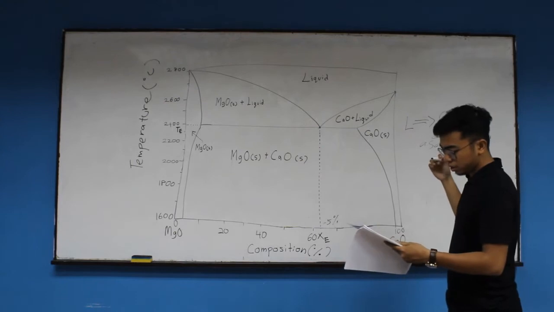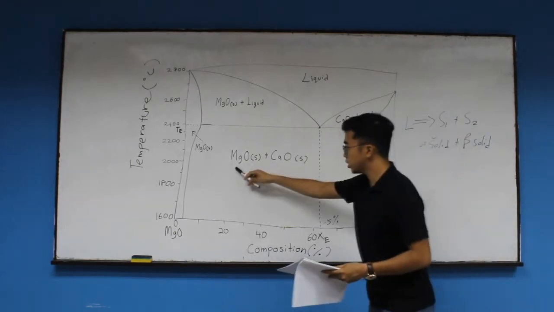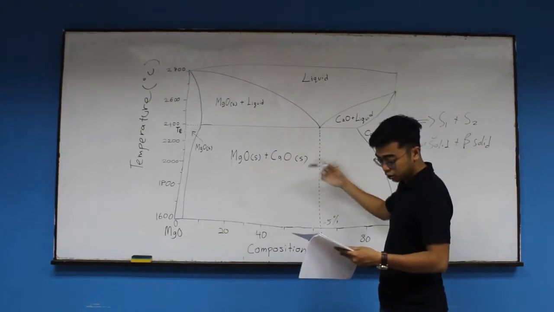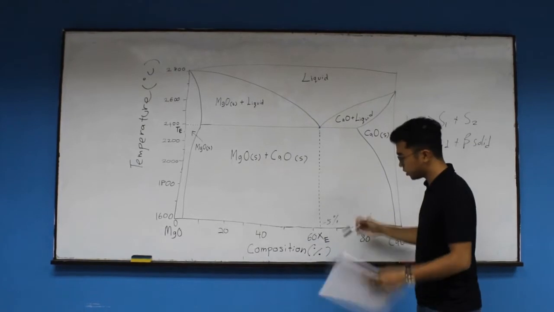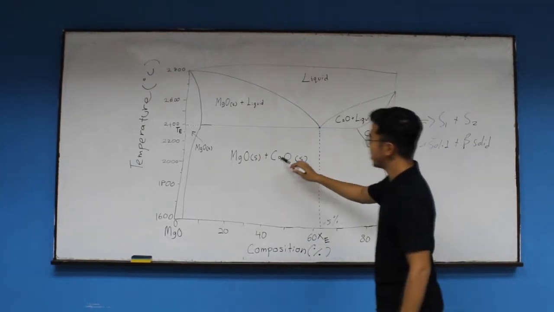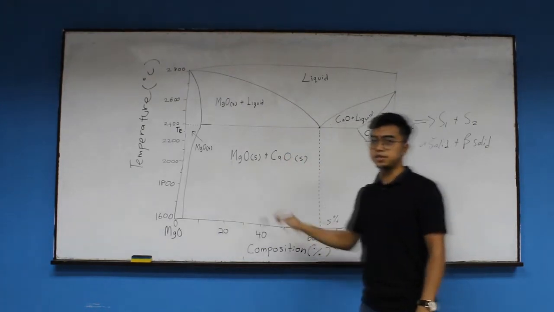So from the liquid phase it goes straight to the magnesium oxide solid and the calcium oxide solid. It shows the calcium rich region and the magnesium rich region.